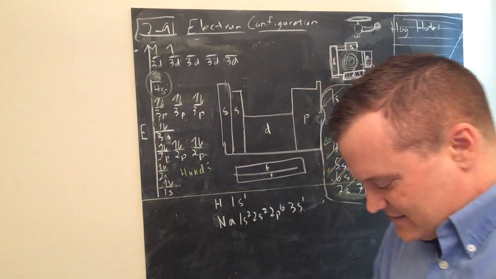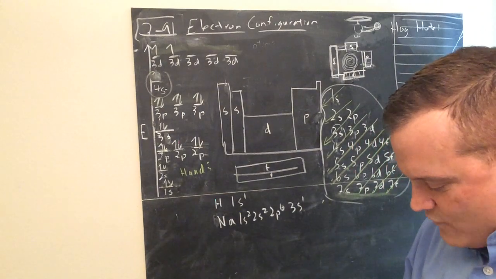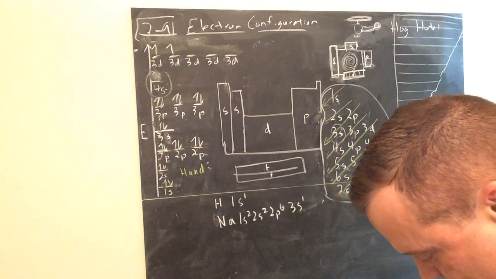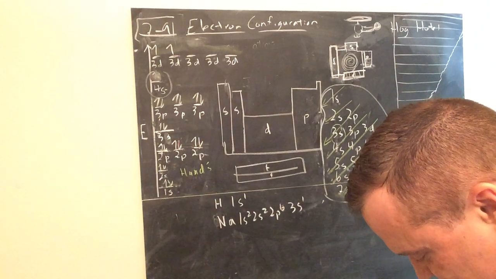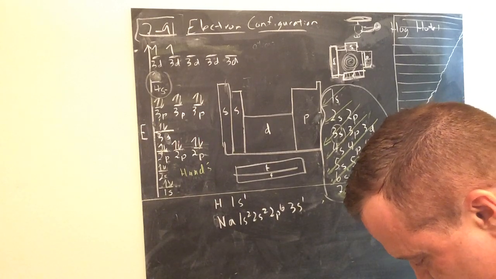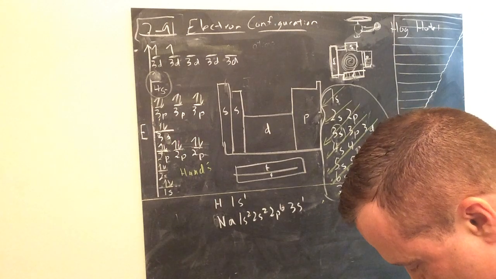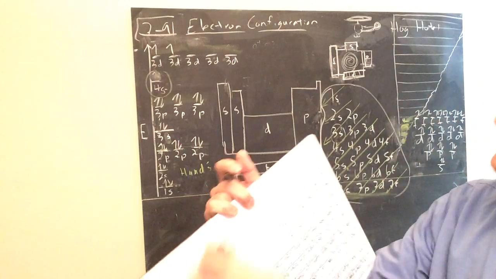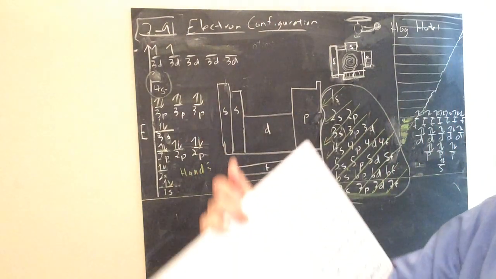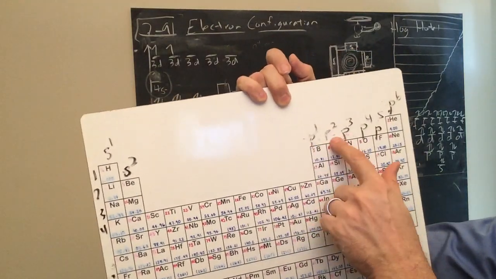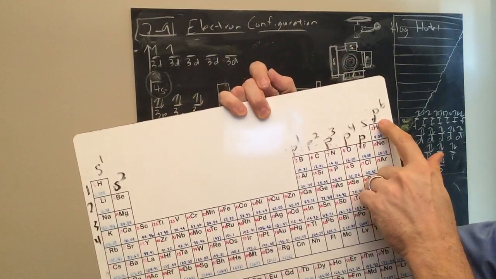Isn't that great? So, these are all p1, p2, my ink is going out, p3, p4, p5, p6. I tried to write it the best I could with this thing running out of ink. p1, p2, p3, p4, p5, p6.